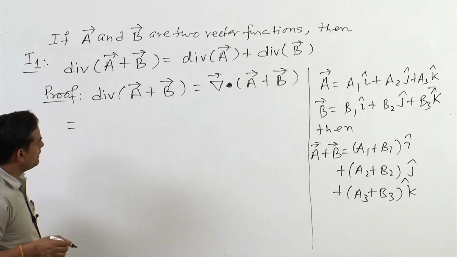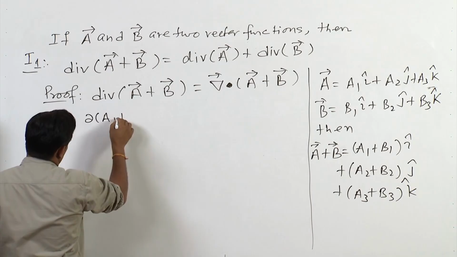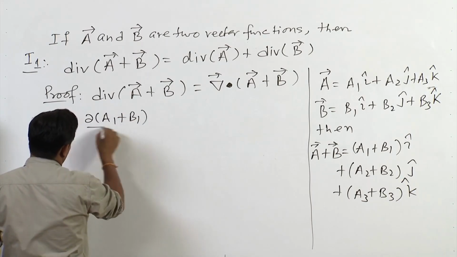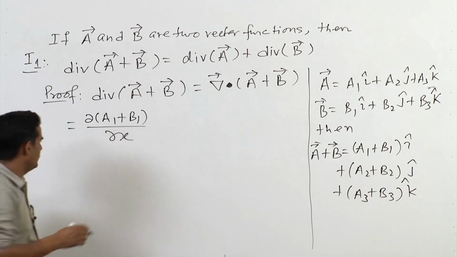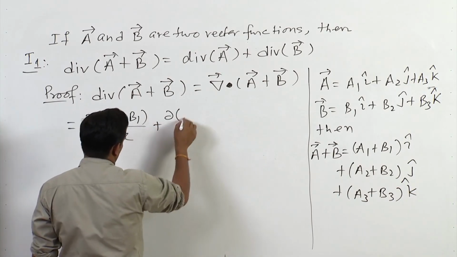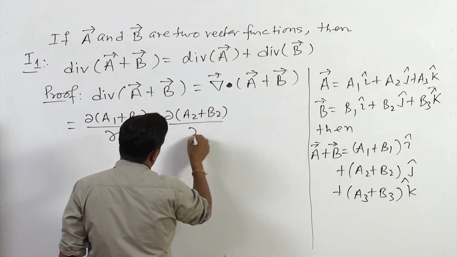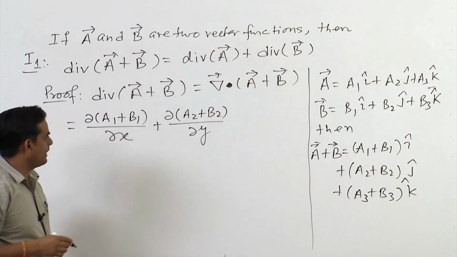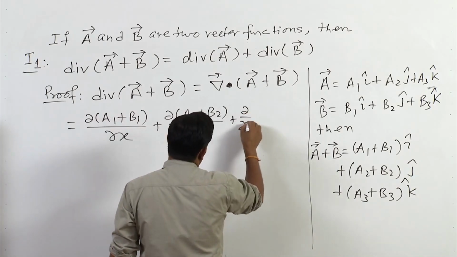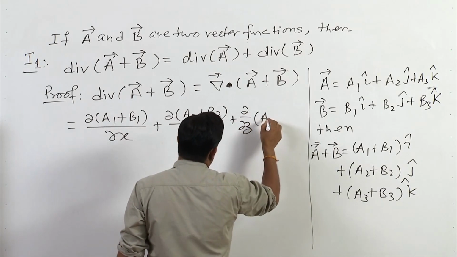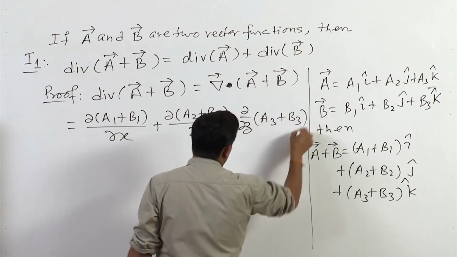So now divergence of A plus B will become del by del x of the i component, plus del by del y of the y component, meaning the j component, and del by del z of the k component.